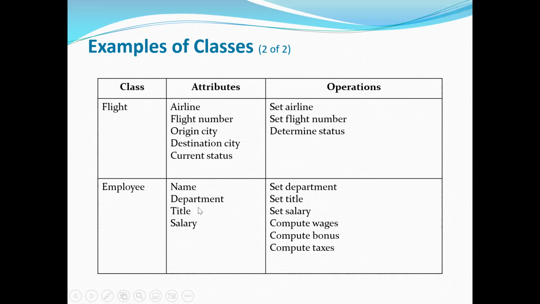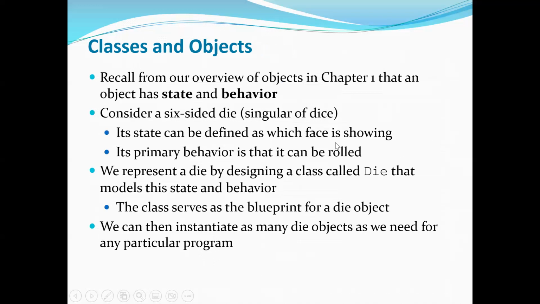The attributes of an employee can be the name, the department they are working in, the title, and the salary. Then the operations we can perform are that we can change the department of the employee, so set department, set title, set salary, and we can compute the wages, compute bonus, and compute taxes.